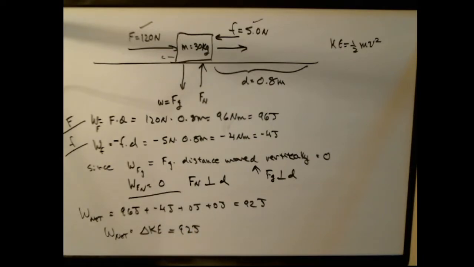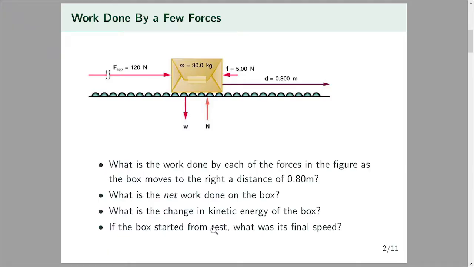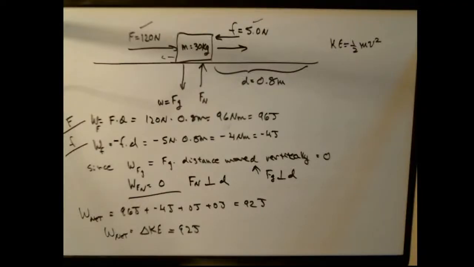Now if I go back one more time and read the last question, it says if it started from rest, what's its final speed? Well, now we've got to somehow relate that kinetic energy that it's gained to the speed of the box. If you remember, the change in kinetic energy is KE final, which we call KE2, minus KE1.